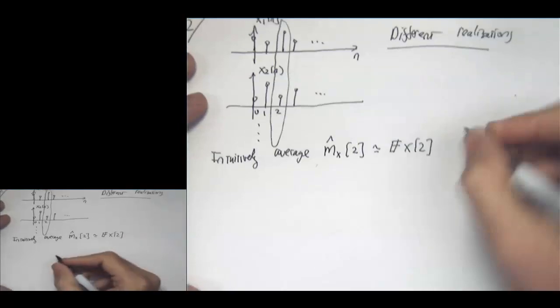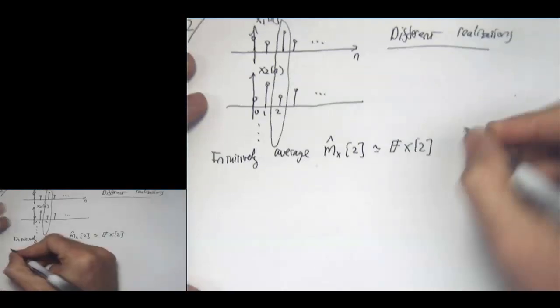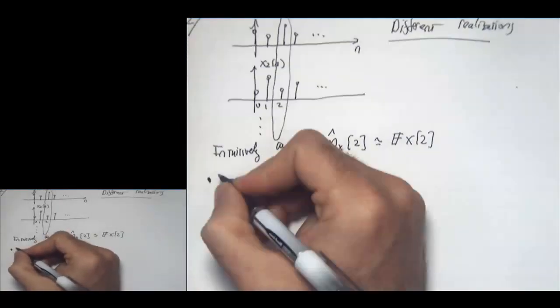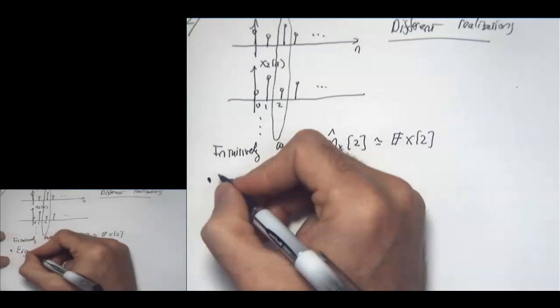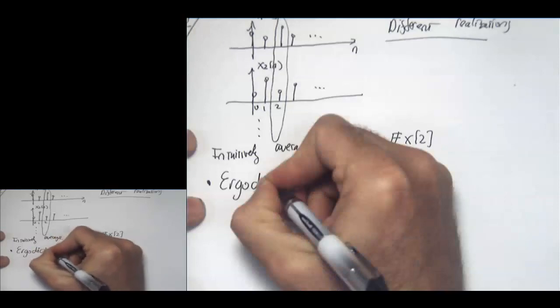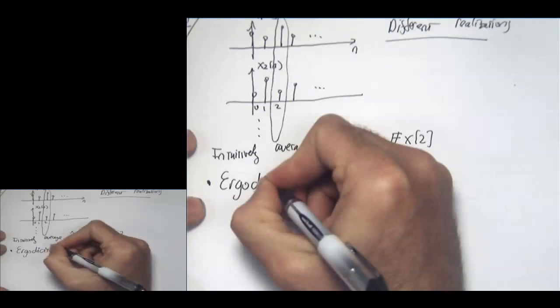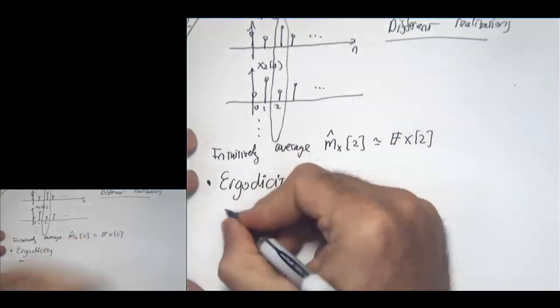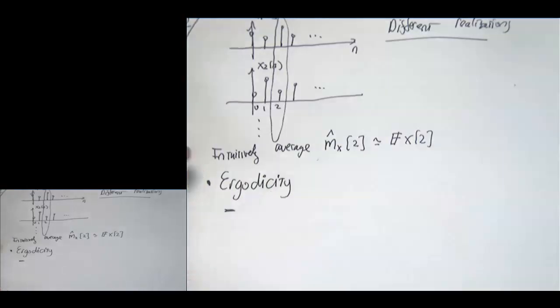A solution for this problem is what's called ergodicity. Ergodicity, like probability and stationarity, is itself a very deep mathematical subject.